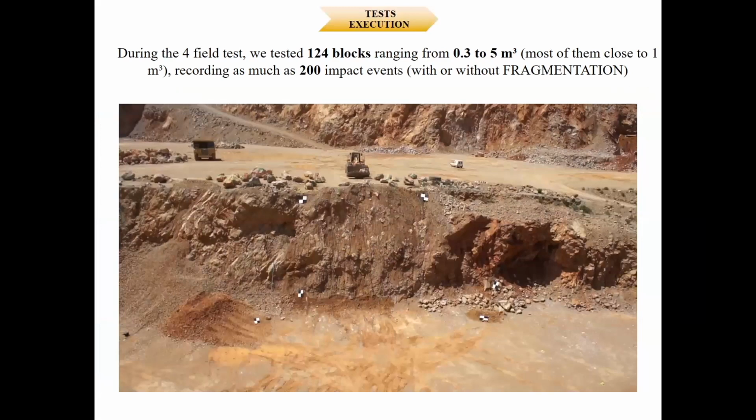This is a general view of the first of the test sites. In summary, we dropped 124 blocks ranging up to 5 meters, and we were able to record as many as 200 impacts with or without fragmentation.